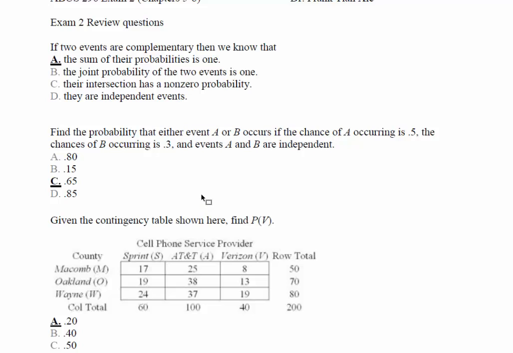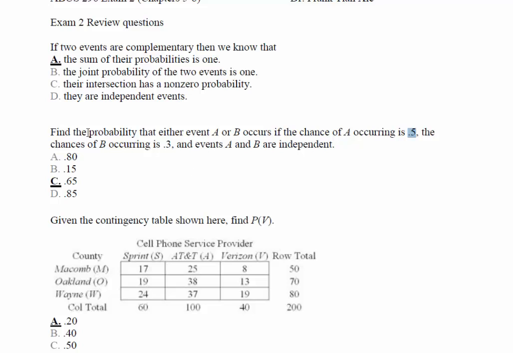From the book, from the definition, we know the probability of the union of events A and B is P(A) plus P(B) minus the intersection. P(A) in this case is 0.5, P(B) is 0.3. The intersection of A and B is 0.5 times 0.3, that is 0.15.